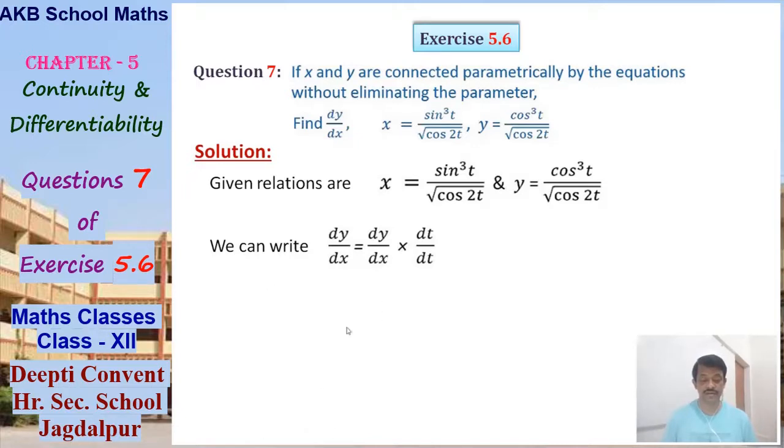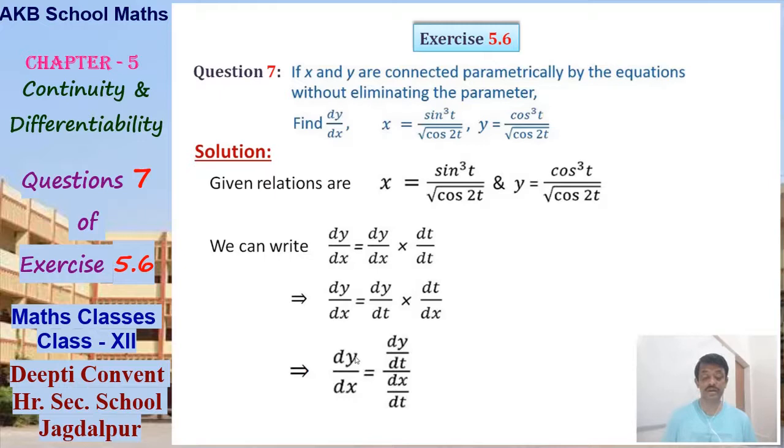Then we can get like this, dy by dx equals dy by dt into dt by dx. So this can be written as dy by dt upon dx by dt. So this is our formula for finding dy by dx.